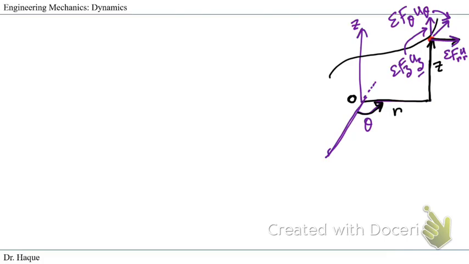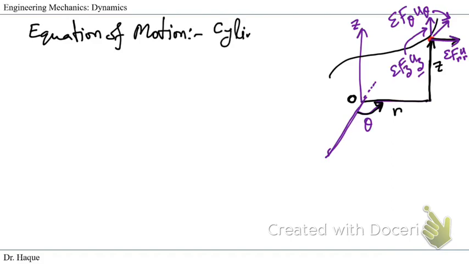So this is the coordinate system, and if we apply the same concept that we did for the normal and tangential components, we'll have the equations of motion for the cylindrical coordinate system.